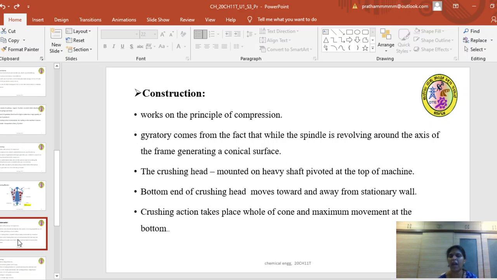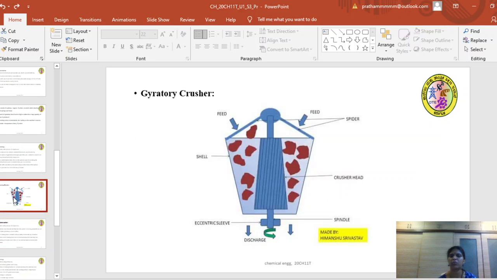The gyratory motion takes place through the whole of the shell, and the area of the crushing head increases towards the bottom. So the crushing action is greater at the bottom, and the gyratory motion is maximum there, so that crushing takes place to a maximum extent in order to achieve crushing efficiency.